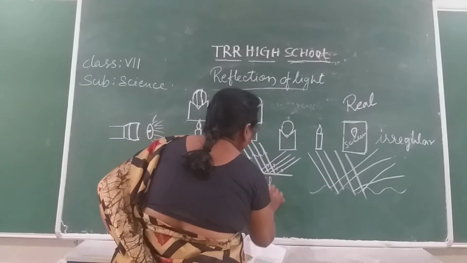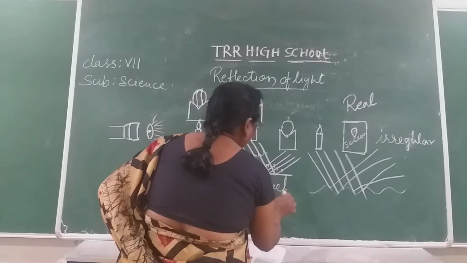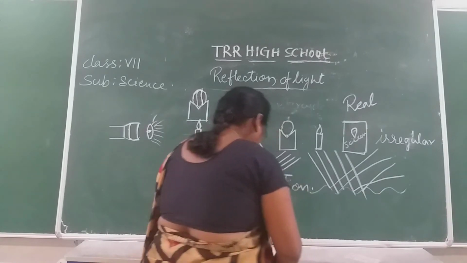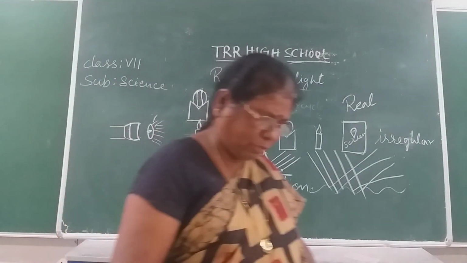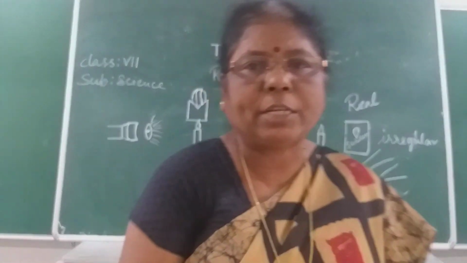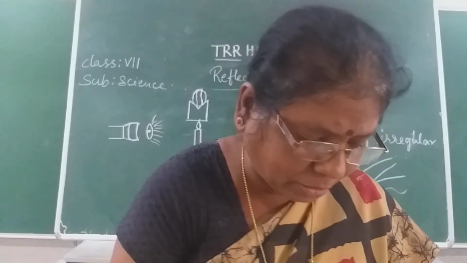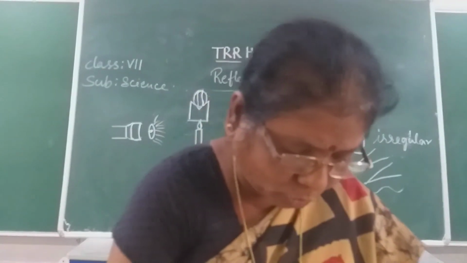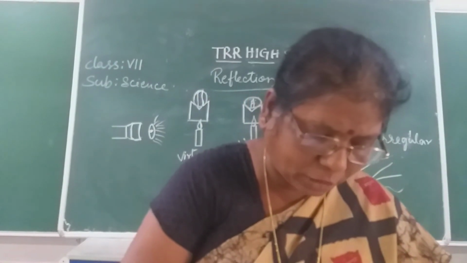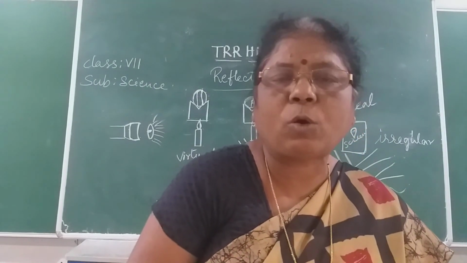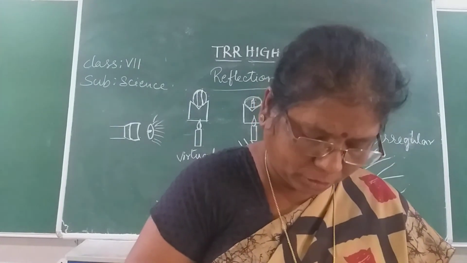So reflection is of two types, regular reflection and irregular reflection. We have seen two types of reflection, isn't it? So what you have understood in this lesson is that reflection from a smooth surface is called regular reflection, and the reflection from a rough surface is called irregular reflection.